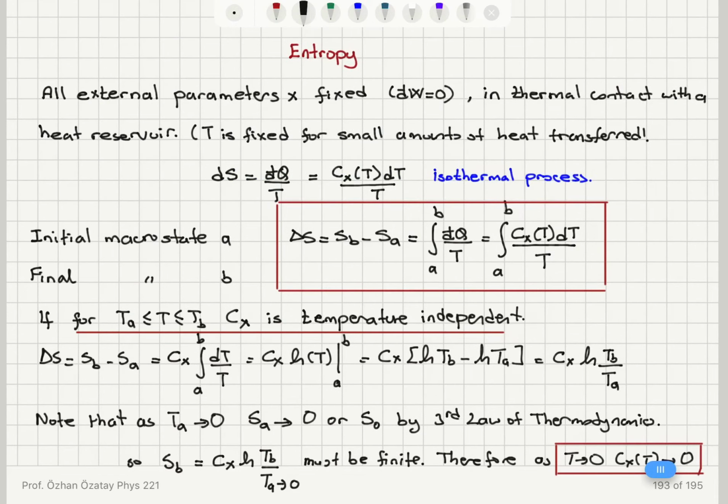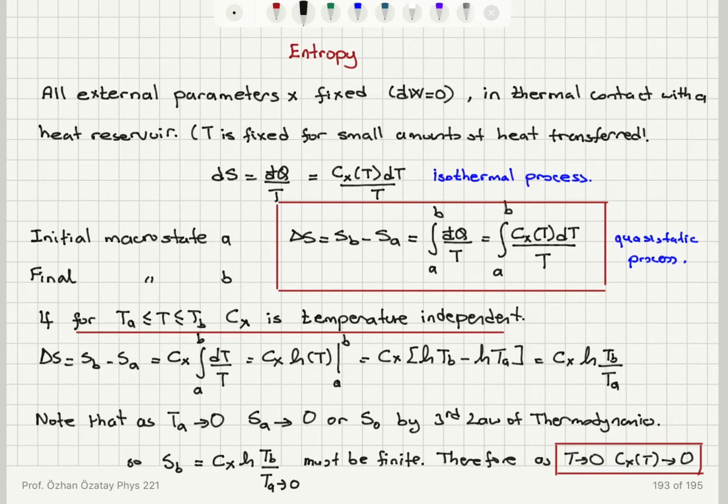So let's recap. When all the external parameters of a system are fixed, there is no work done on the system. And if this system is in thermal contact with a heat reservoir, which keeps the temperature fixed for small amounts of heat transfer, that's called an isothermal process. If we go from an initial macrostate to a final macrostate using a quasi-static process, if we do it slowly, basically you can think of this process as the system being in thermal contact with successively higher temperature heat reservoirs.